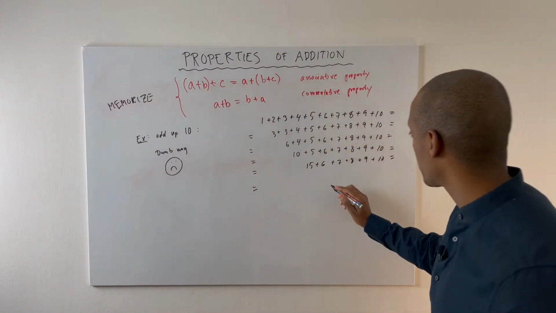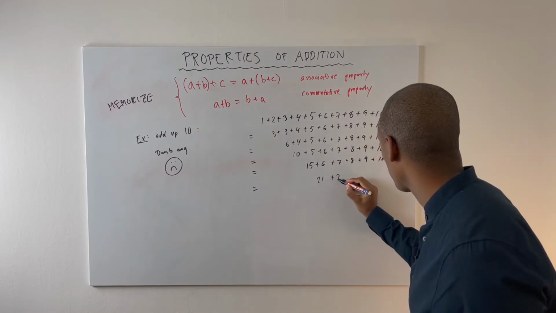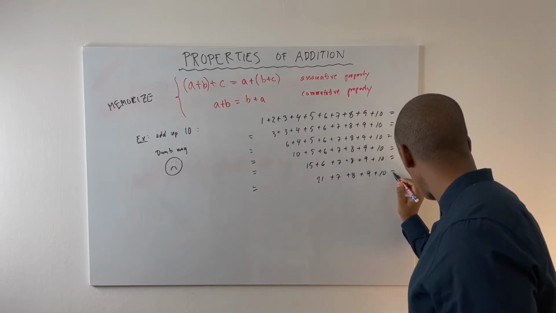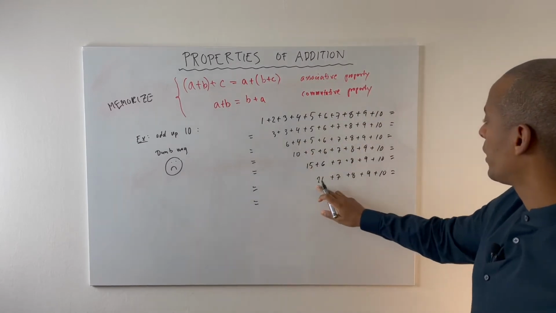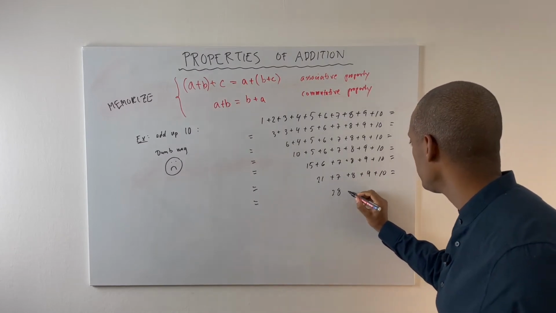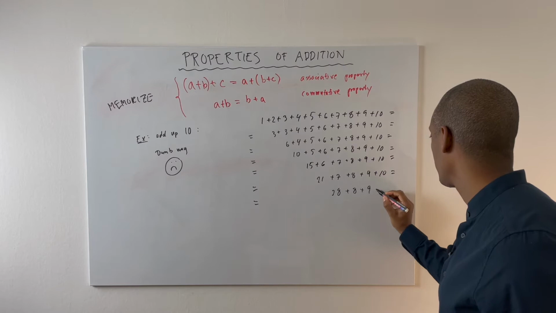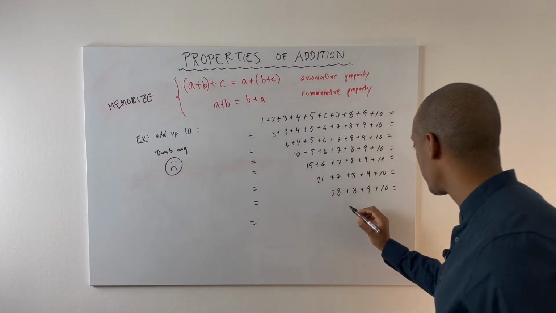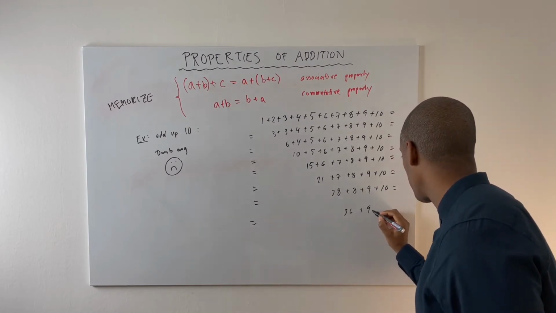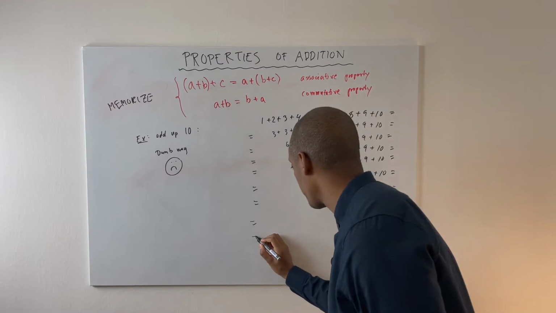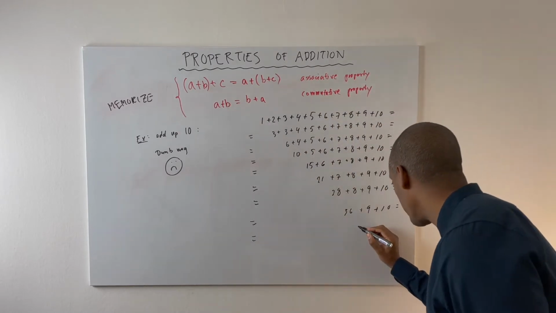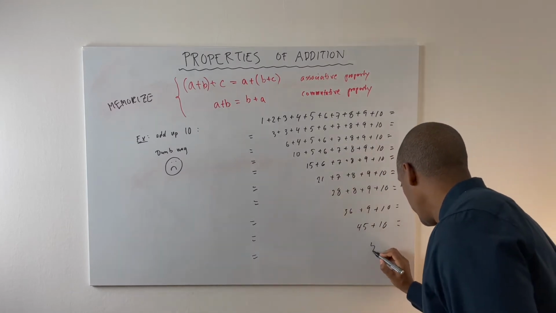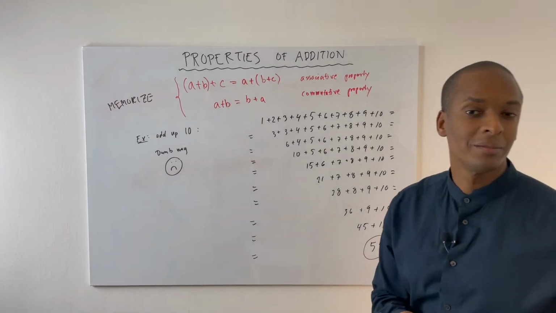Okay, 15 plus 6, that's 21. 21 plus 7, that's 28. 28 plus 8, that's 36. And then we have 36 plus 9, that's 45. Plus 10, which is equal to 55. Finally, we got there.